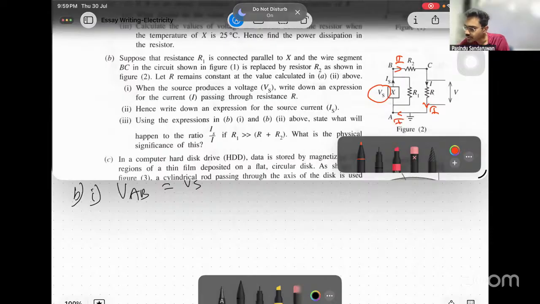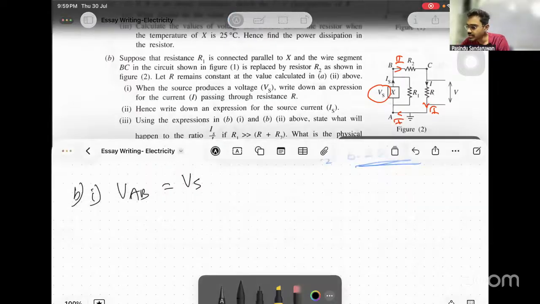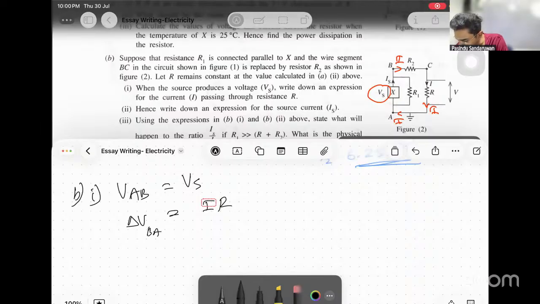They are connected in series between A and B. Then what we need is the current, so apply delta V equals IR for the branch AB or BA.